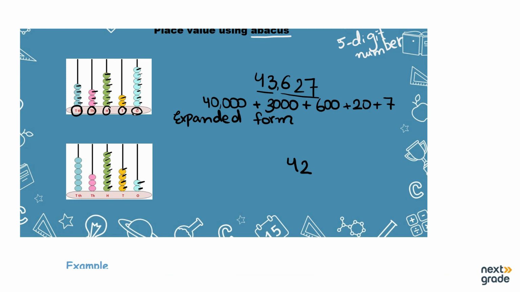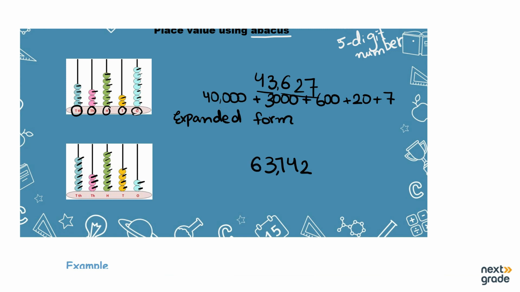So we will write it as 7. Next is thousands, and in thousands there are 3 beads. So we'll write over here 3. In 10,000s we have 1, 2, 3, 4, 5, 6. We have 6 beads, so we'll write over here 6. So the number that we have found by counting the beads is 63,742. And if I ask you to write this number in words, how will you write?